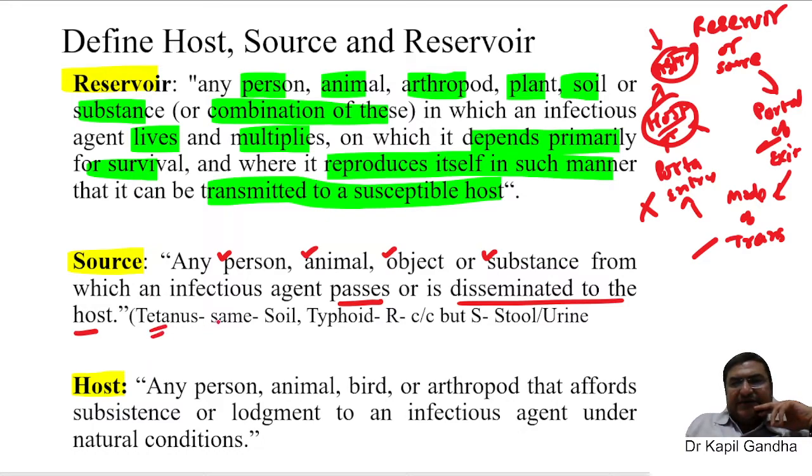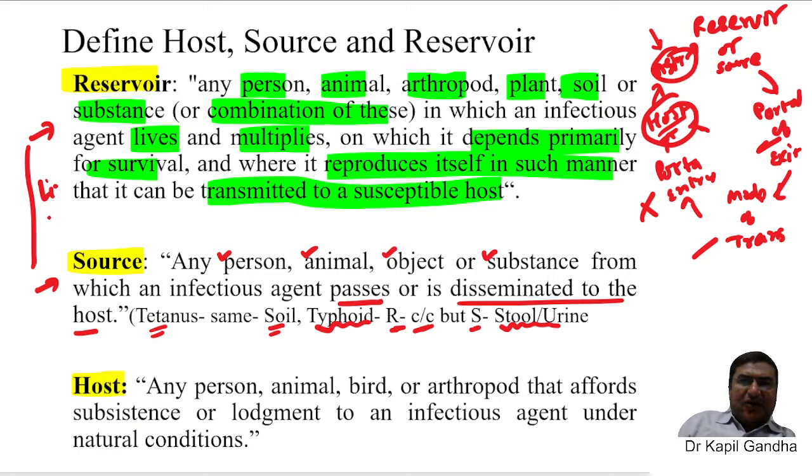For example, in case of tetanus, soil is a reservoir as well as the source. But in case of typhoid, the reservoir is the case or carrier of typhoid, but the source would be stool or urine. So the source can be termed the immediate releaser of the agent. In reservoir and source, we need to remember that it can be a living thing or a non-living thing.